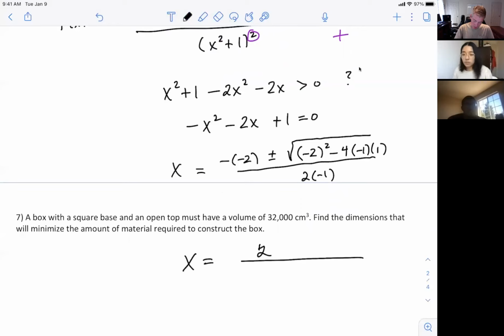So this is going to be a positive 2 plus or minus. And then inside the radical, I believe that's an 8. Because negative 2 squared, that's going to be 4. And then this is a negative times negative, so that means another 4. And a 4 plus a 4, that's an 8. So 2 plus or minus the square root of 8 over negative 2.